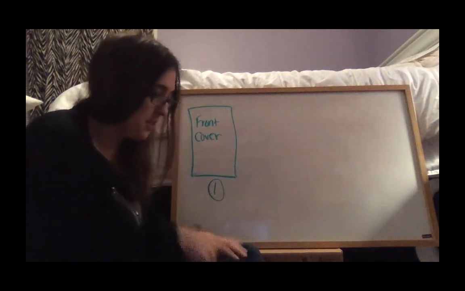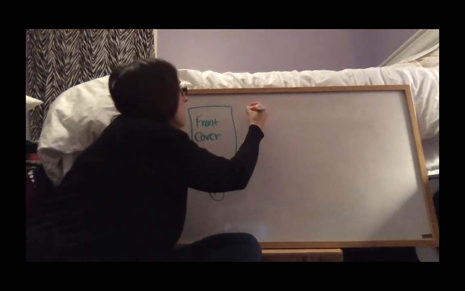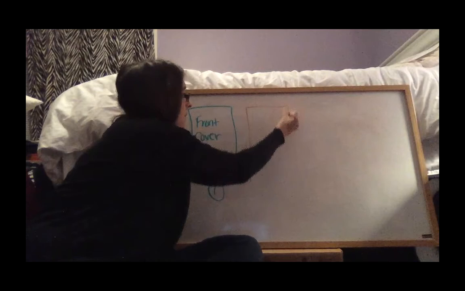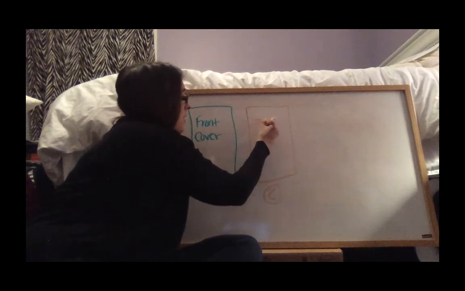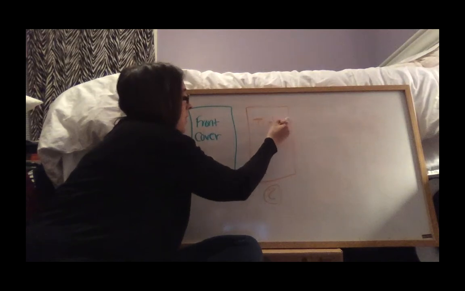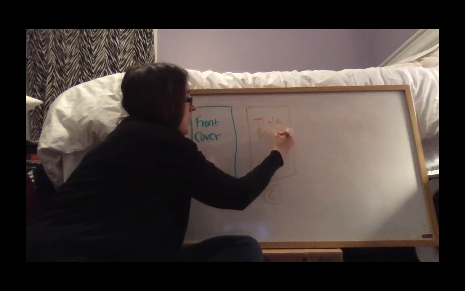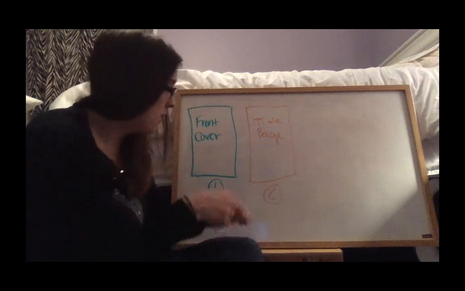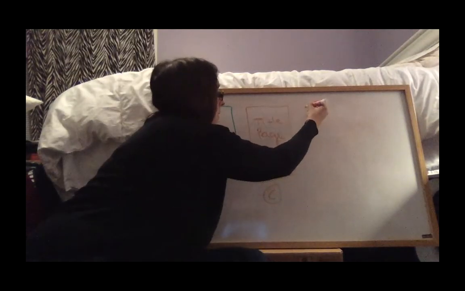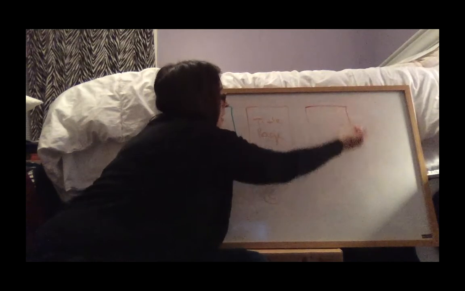The next one is going to be your title page. That would be next, right? What comes after the title page? Good job. And after your title page comes your back cover. And that's going to be red, to tell us to stop reading because we're at the end.